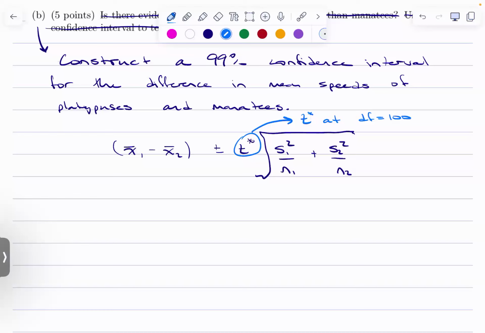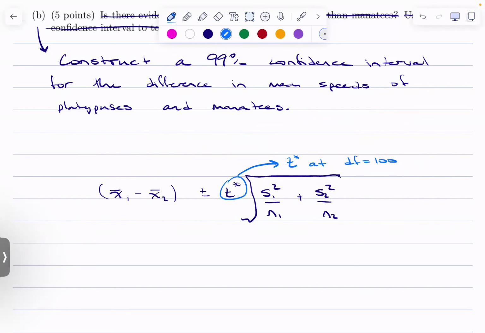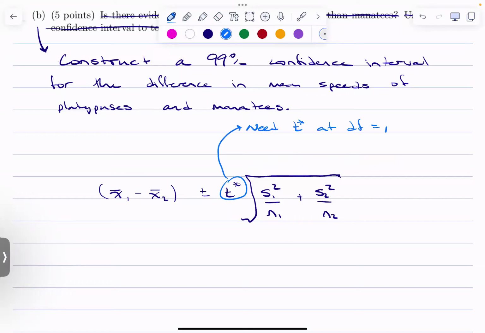Now, technically, I should be writing out how I calculate the degrees of freedom. Fine, I'll do it properly. I'm such a stickler with myself. I'm going to put it above though. Need T star at degrees of freedom equal to the minimum of N1 minus 1 or N2 minus 1.